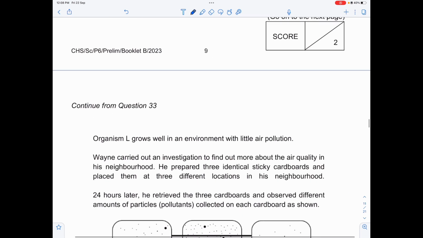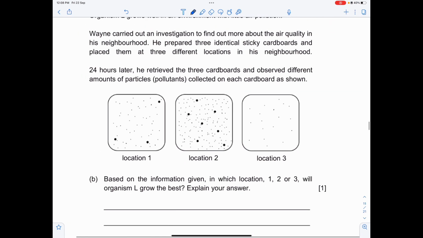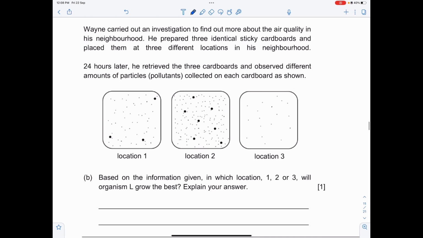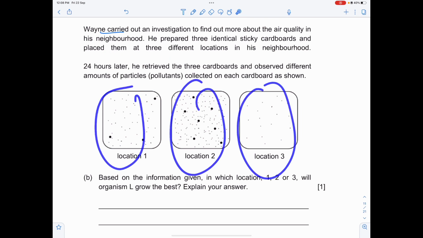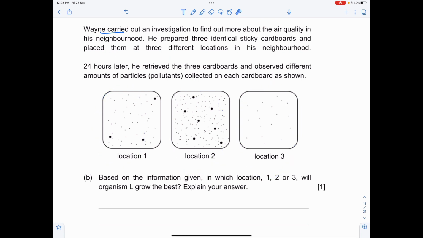Next. B. Wayne carried out an investigation to find out about air quality in his neighborhood. He prepared 3 sticky cardboards and placed them in 3 different locations in his neighborhood. 24 hours later, he retrieved the 3 cardboards and observed how different amounts of pollutants collected on each cardboard as shown.